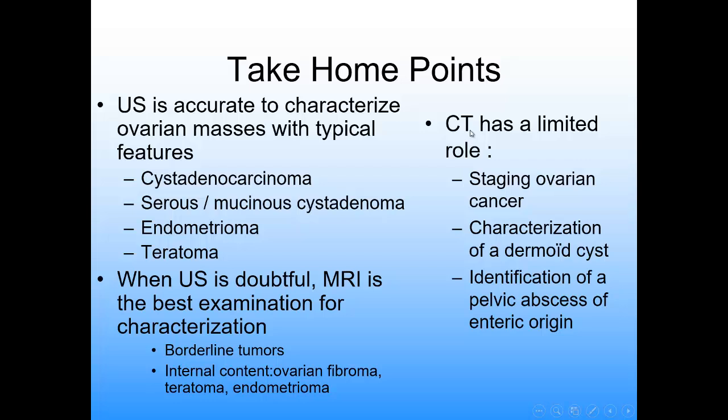CT has a limited role, but we can stage ovarian cancer. For a known case of ovarian cancer, O-RADS 5, if I just want to see if there is peritoneal disease or liver metastasis or whatever, we can do a CT scan. Characterization of a mature cystic teratoma and identification of PID or pelvic abscess of enteric origin.